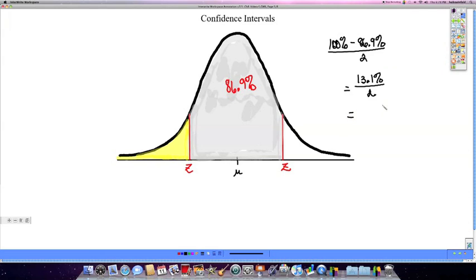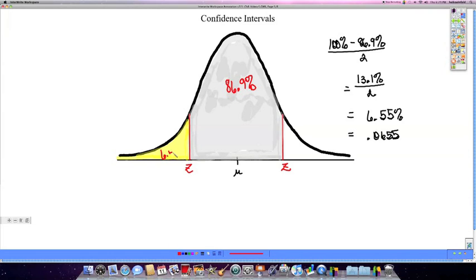And then, of course, that will be 6.55%, which is also equal to 0.0655.